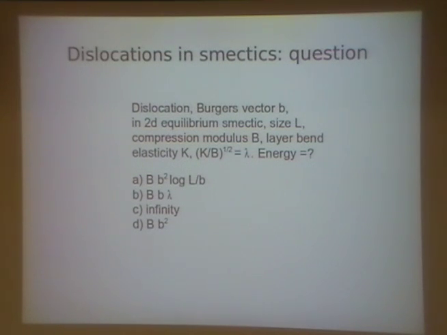I'm specifying equilibrium, because otherwise we don't know how to talk about energy.